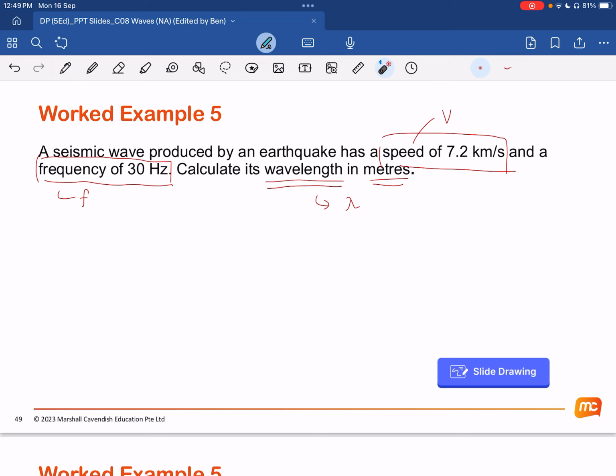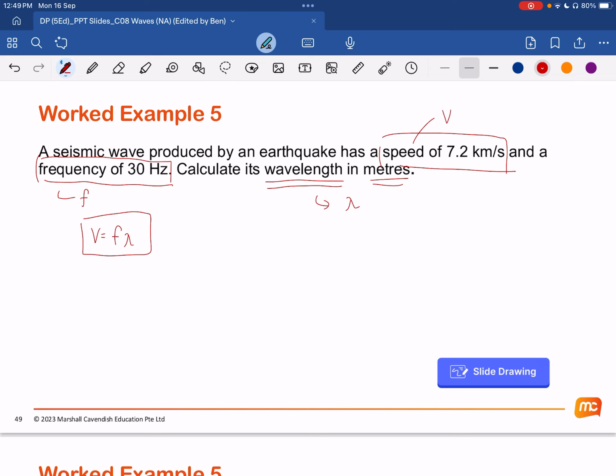Looking at all these variables, are you able to come up with a formula that consists of these three variables? At the back of your mind, you should think of this: v equals f lambda. This is the formula that links the speed of a wave with the frequency and its wavelength.